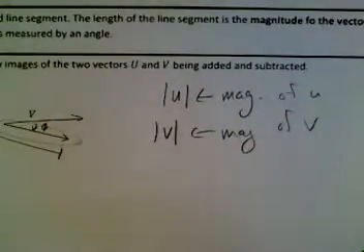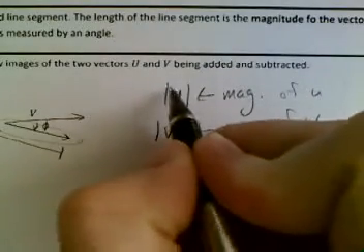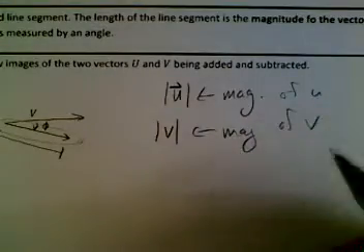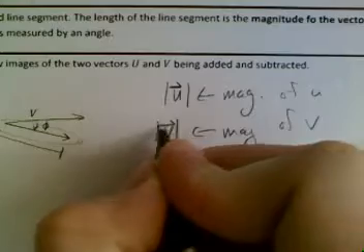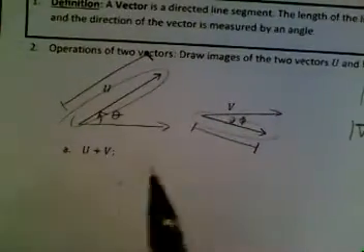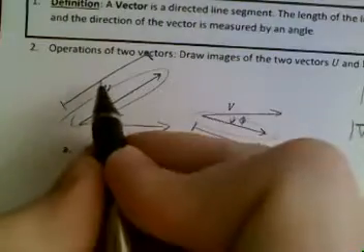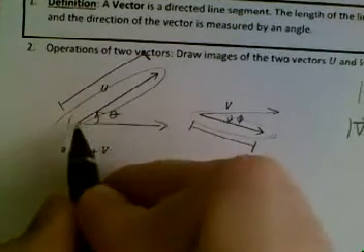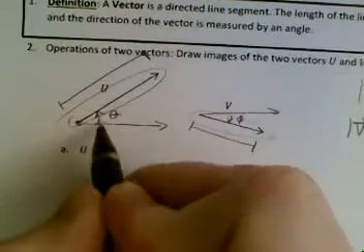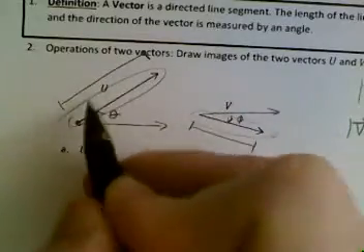Sometimes when we use notation, and I'm going to use this notation regularly, I'm going to put a little arrow above the u. That's going to denote that this u is a vector. Same with this here. In these problems, they didn't do that. They didn't say that this was a vector u, but we're going to assume, because it's labeled and it's got a direction, that angle measure, and a length, it's actually a vector.